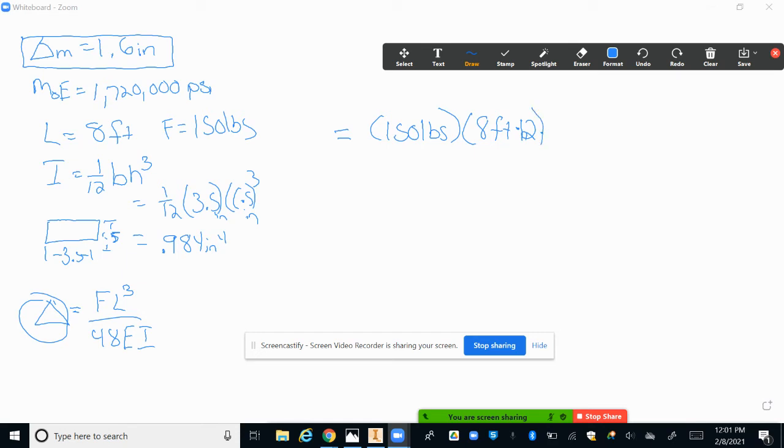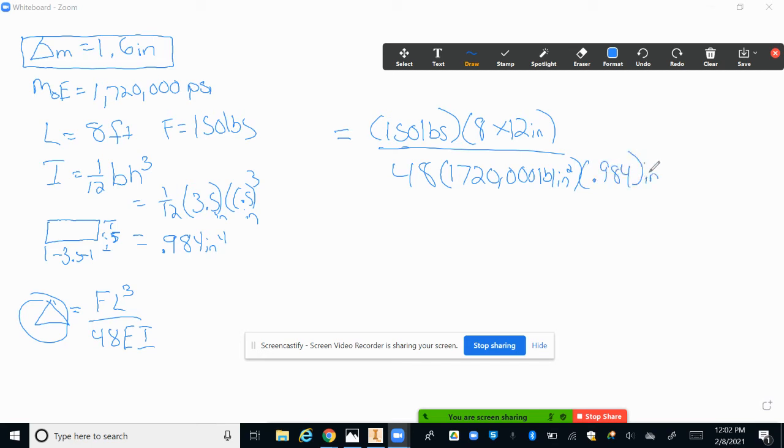So we're going to take 8 times 12, and we'll end up getting it in inches. Then it's going to be over the 48 times E, and we're using the E we found on Google, 1,720,000 pounds per square inch, times the moment of inertia, which is 0.984 inches to the fourth.